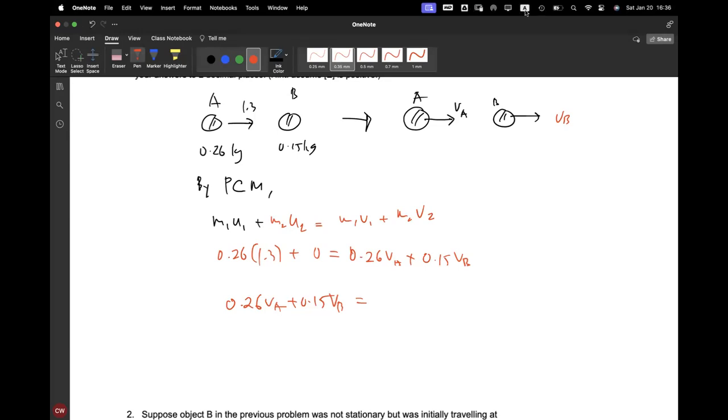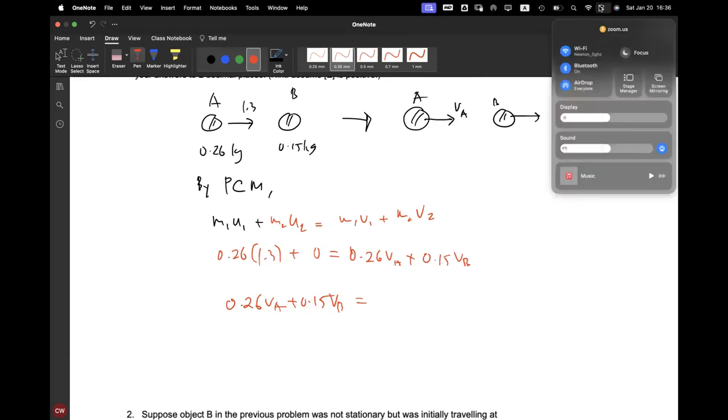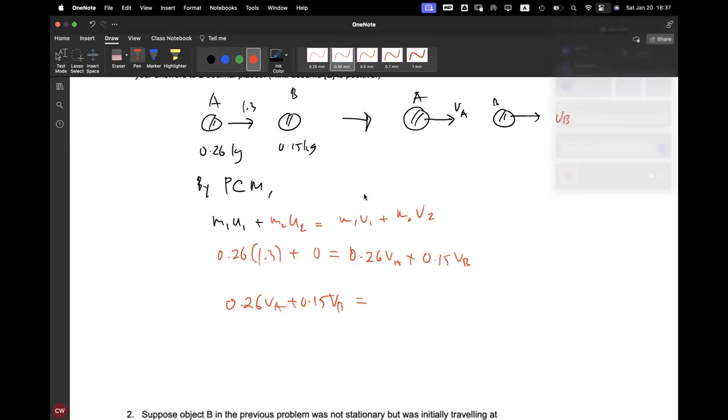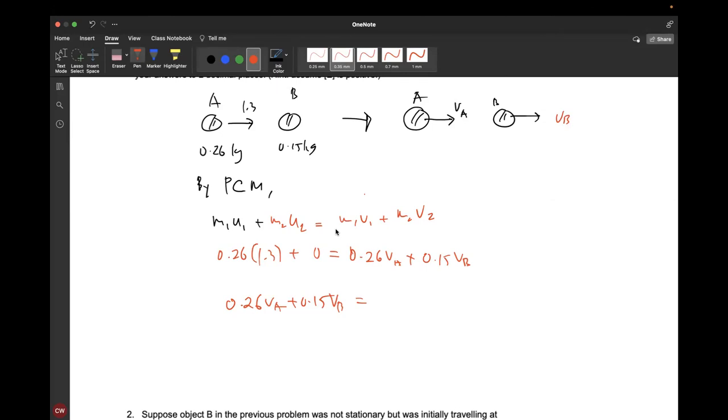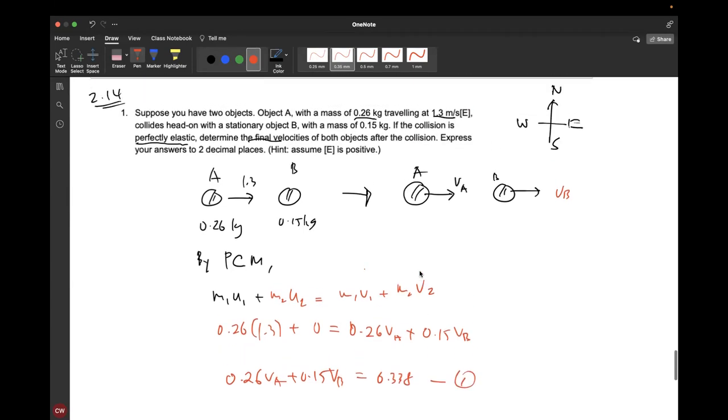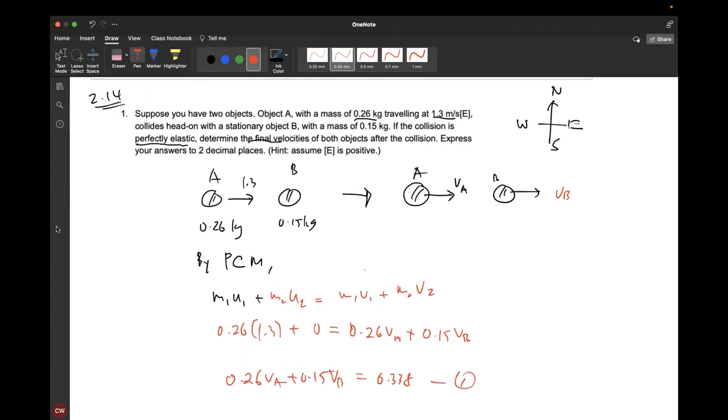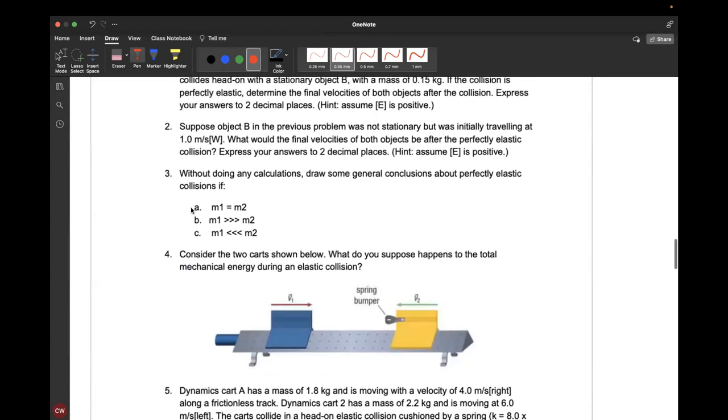Wrong. Okay, so this one, the value is going to be 0.26 times 1.3, which is 0.338. Second equation, let me see the notes.